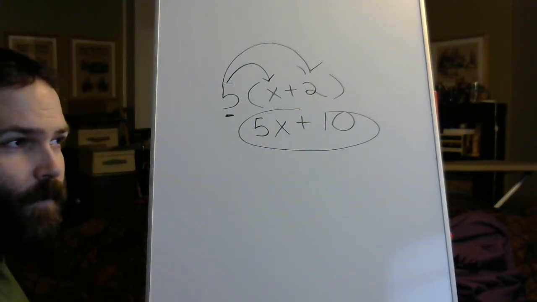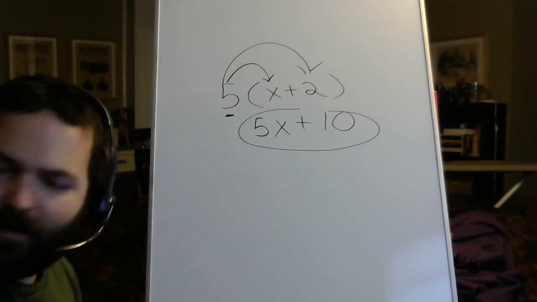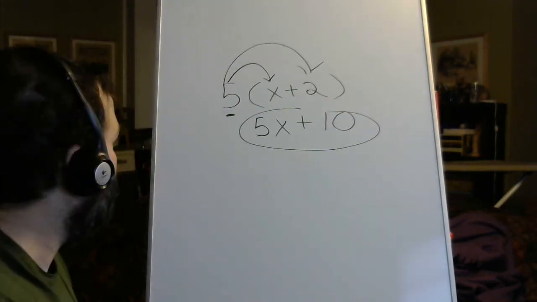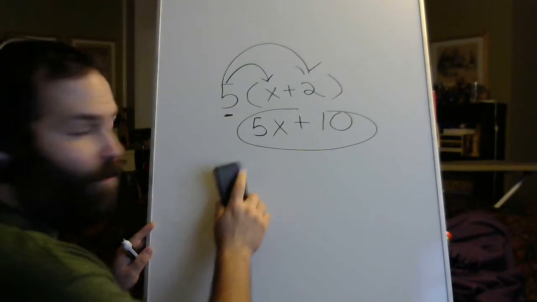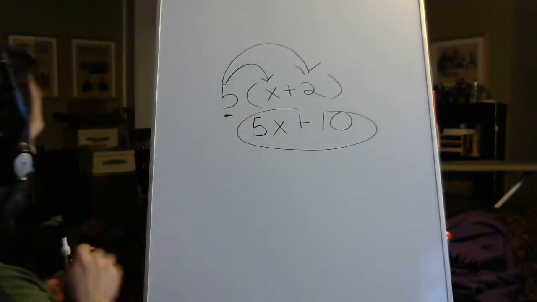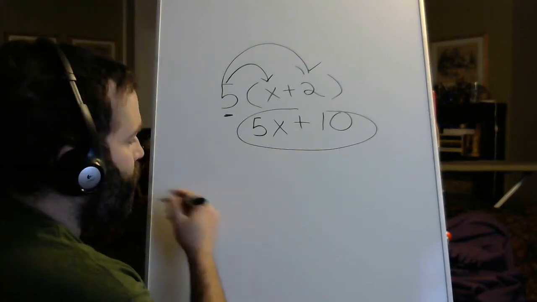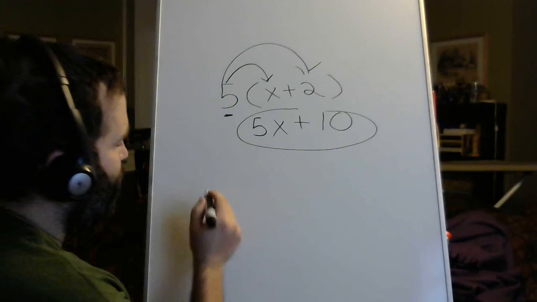Now, the question is why does this work? And I believe it's important to understand why these different concepts work. So let me very briefly explain why the distributive property works. Let's go right down here. In arithmetic, you learn that multiplication is simplified addition. Let me tell you what I mean by that.